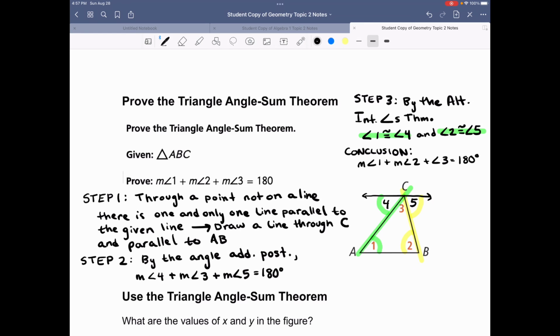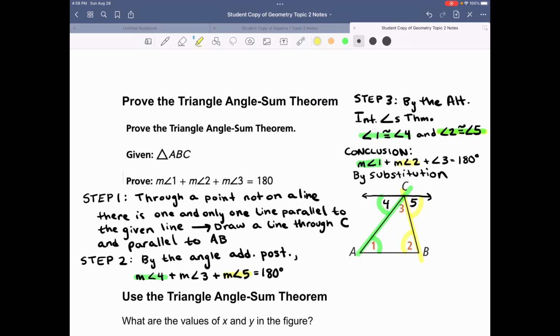And that's by substitution. Angle 1 is congruent to angle 4, and angle 2 is congruent to angle 5, because we just said that up here.